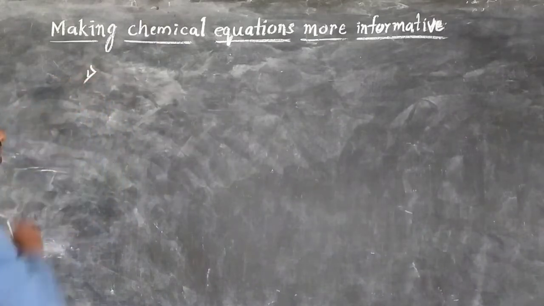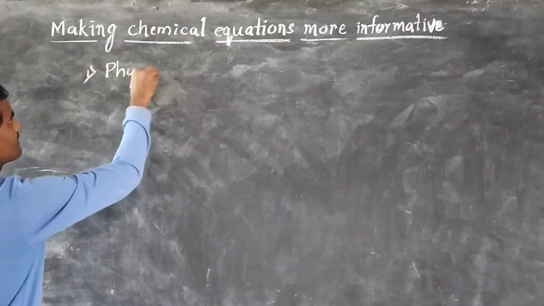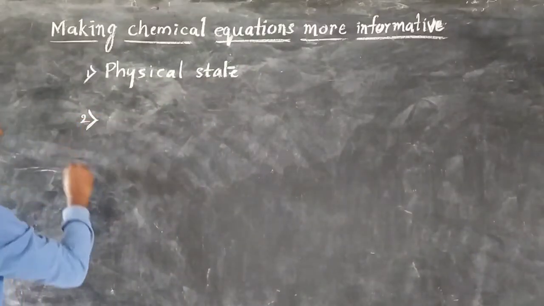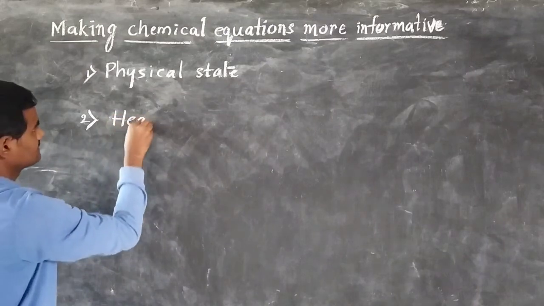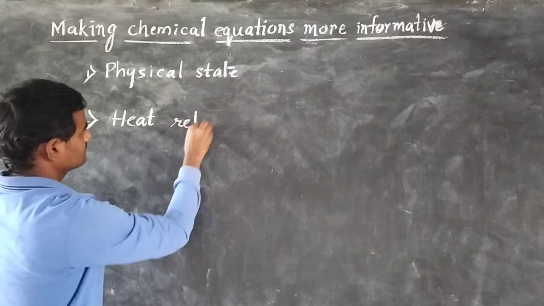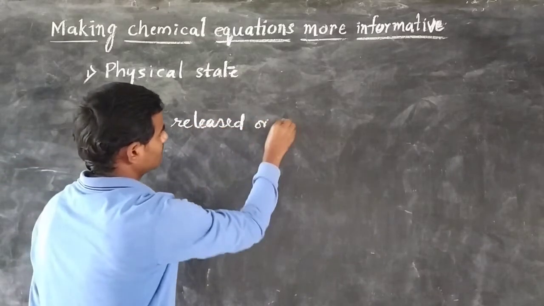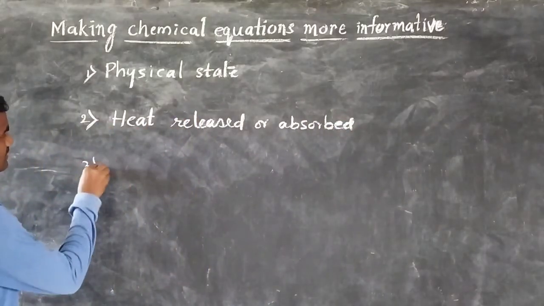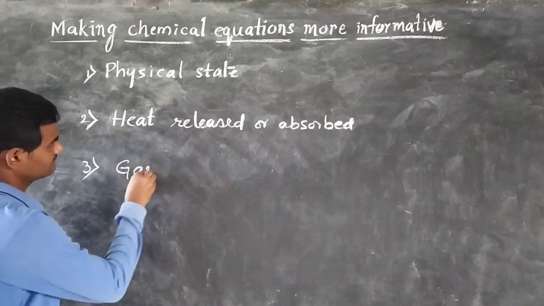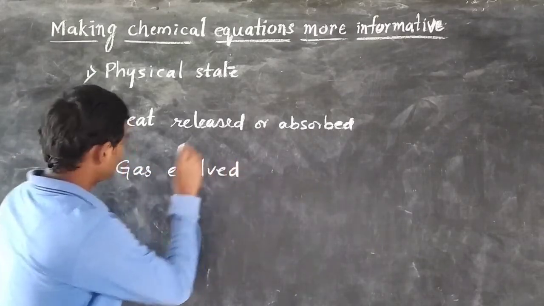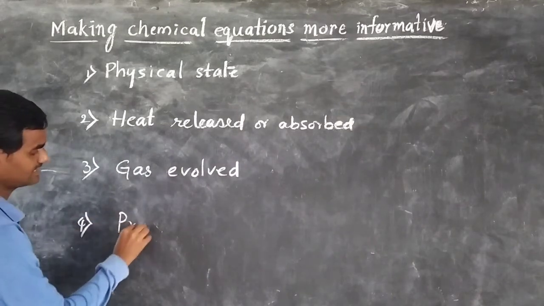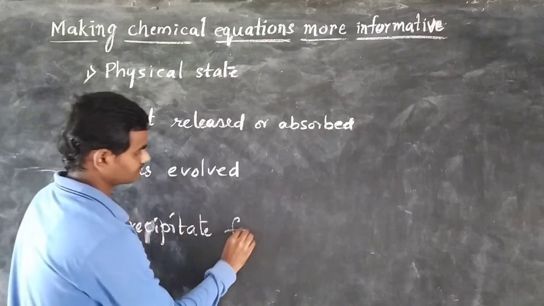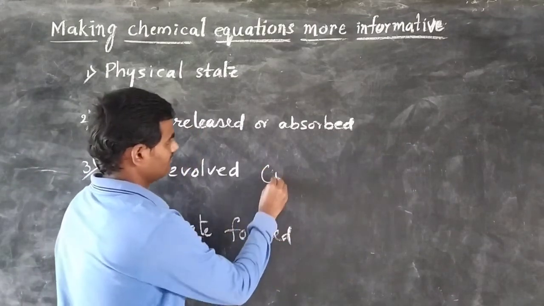The first one is physical state, the second one is heat released or absorbed, the third one is gas evolved, and the fourth one is precipitate formed, if any.